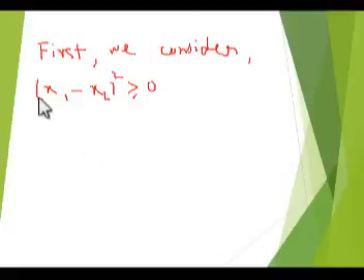So from this we will get, we are taking root over x1 and root over x2. Then if we apply the a minus b whole square formula, we will get x1 plus x2 minus 2 root over x1 x2, which is greater than or equal to 0.